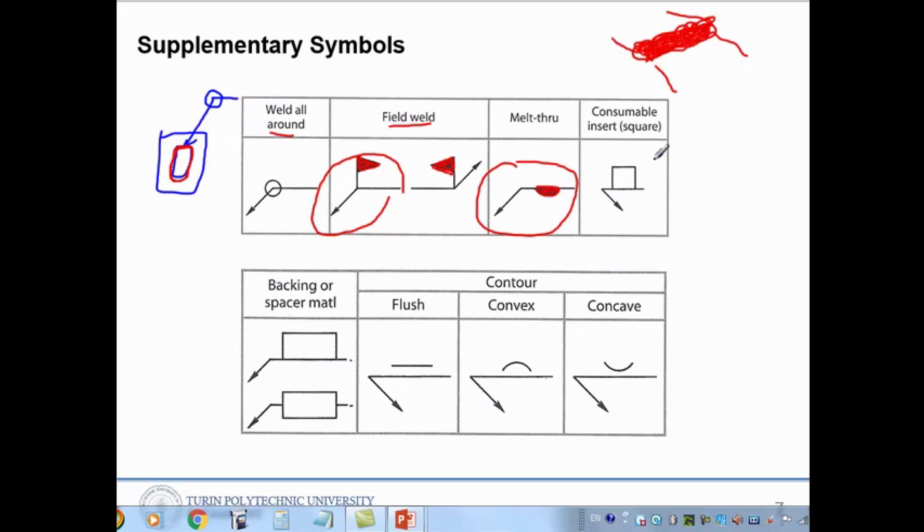Okay, and if you have a rectangle, a square shape on top of this straight line, that means consumable insert. That means your weldment should be very nice, very healthy, because we need to use this one for human consumption.